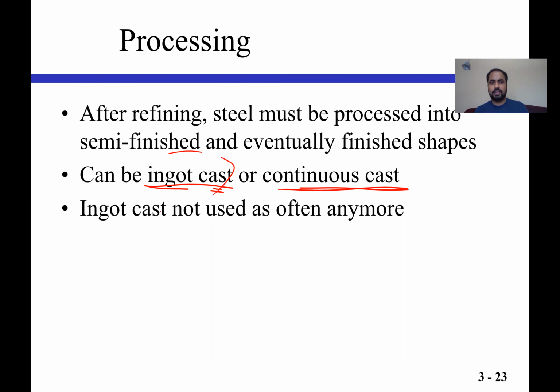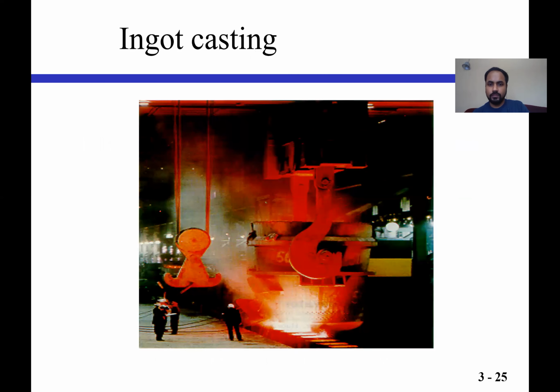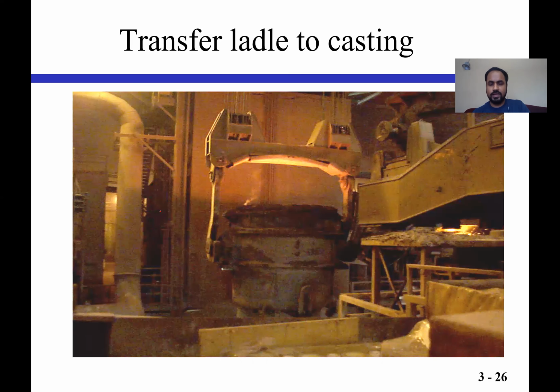People don't use it anymore. They stick to continuous casting because that's a much more efficient way, and you get a better product. If you look at this, this is just one step of tapping. Tapping is basically the step of removing molten metal from a furnace. That's called tapping.